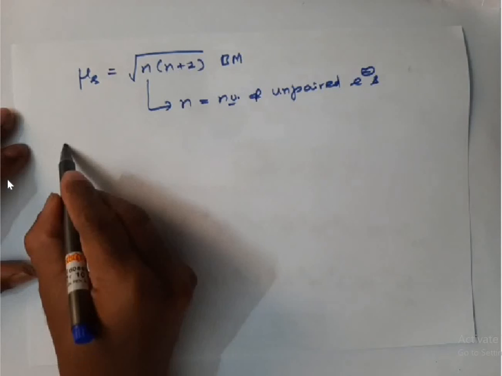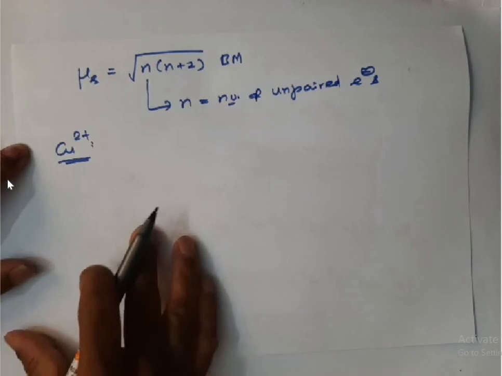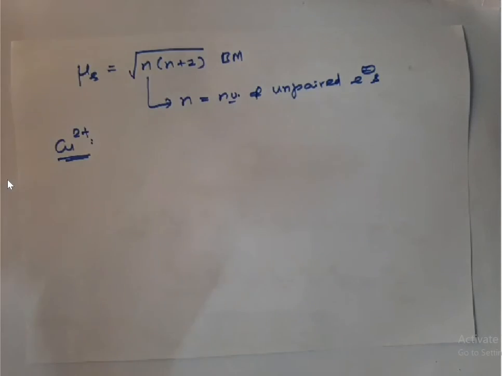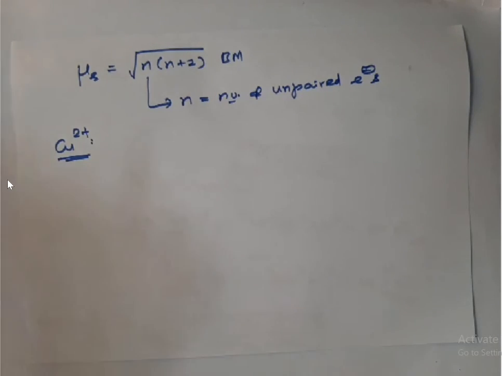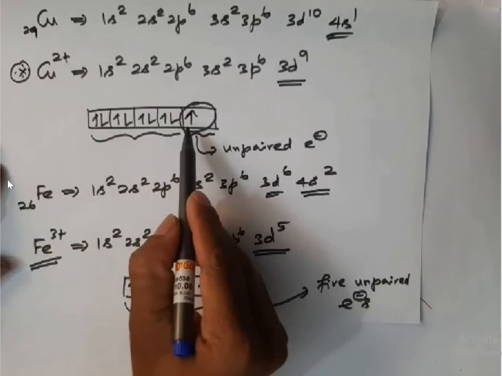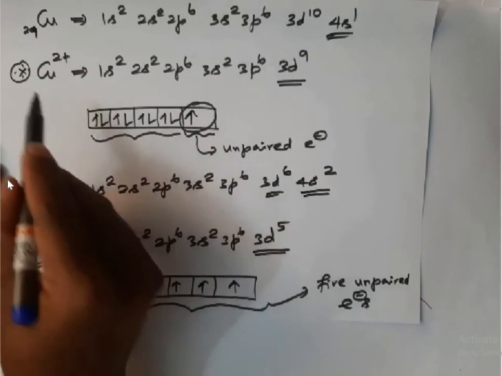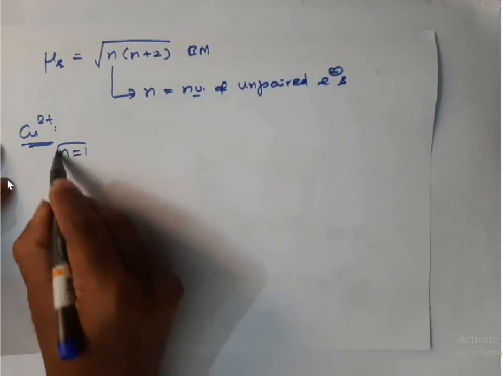So if you take Cu2+, in Cu2+ we found that there is 1 electron present. Let me show that. Yeah, here. In Cu2+, see, we have 1 unpaired electron. So for Cu2+, n equal to 1.